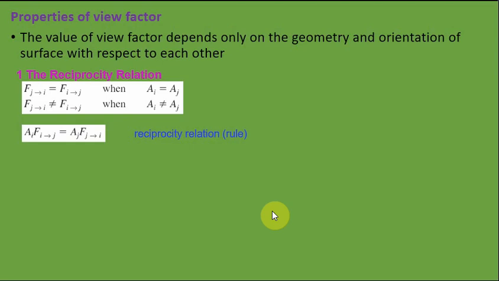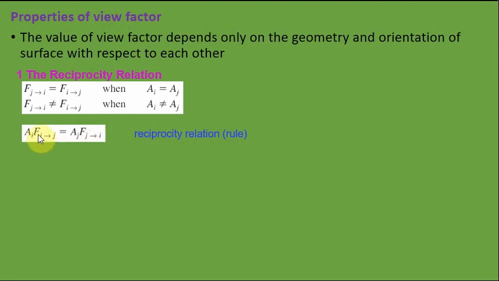That means if you have two surfaces, then the area of the first body multiplied by the view factor of the first body with respect to the second body is equal to the area of the second body multiplied by the view factor of the second body with respect to the first body.